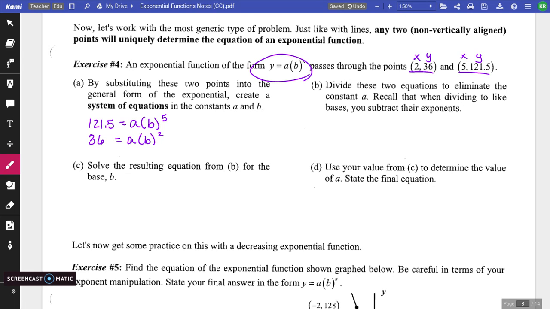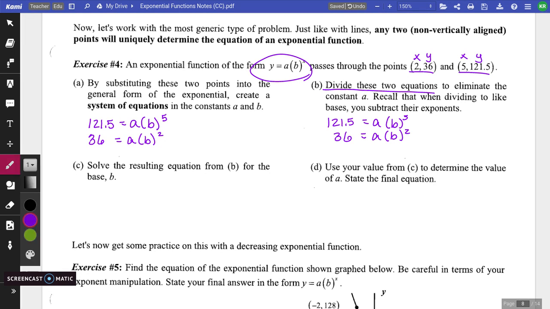So part B, we're going to divide the two equations to eliminate the constant A. So these two equations, 121.5 equals A times B to the fifth, and 36 equals A times B squared. Now, when you divide equations, again, this is going to look kind of strange to you.